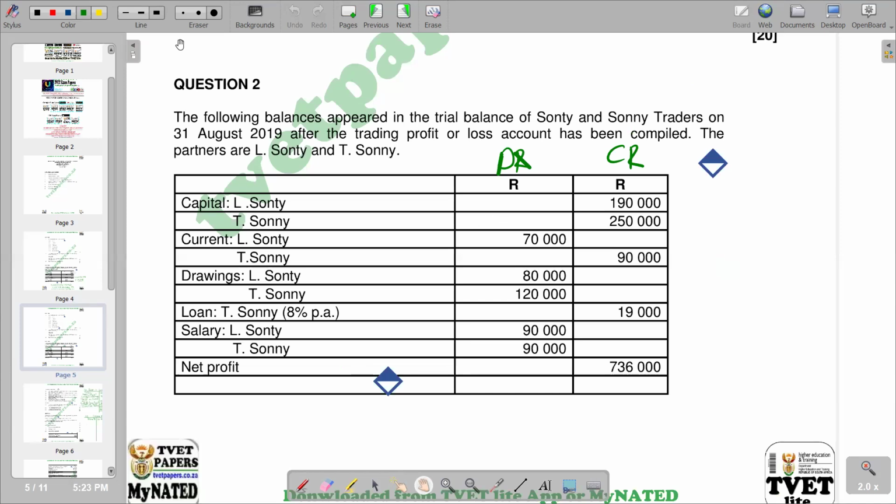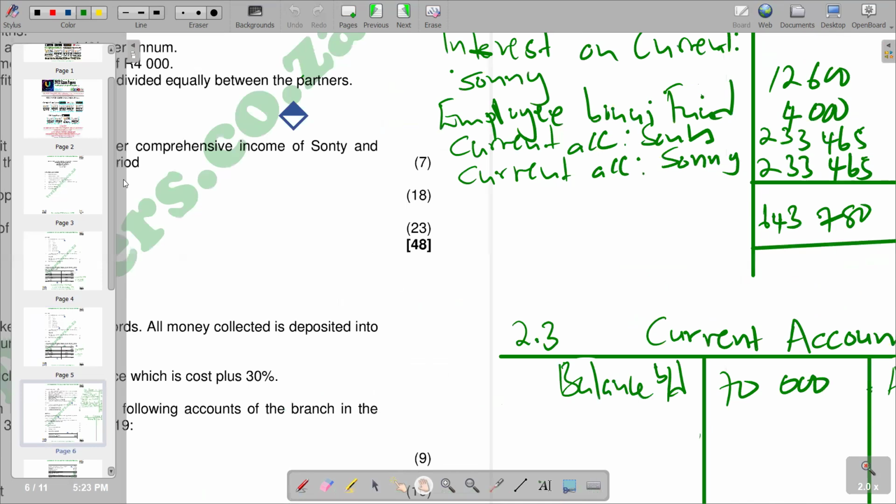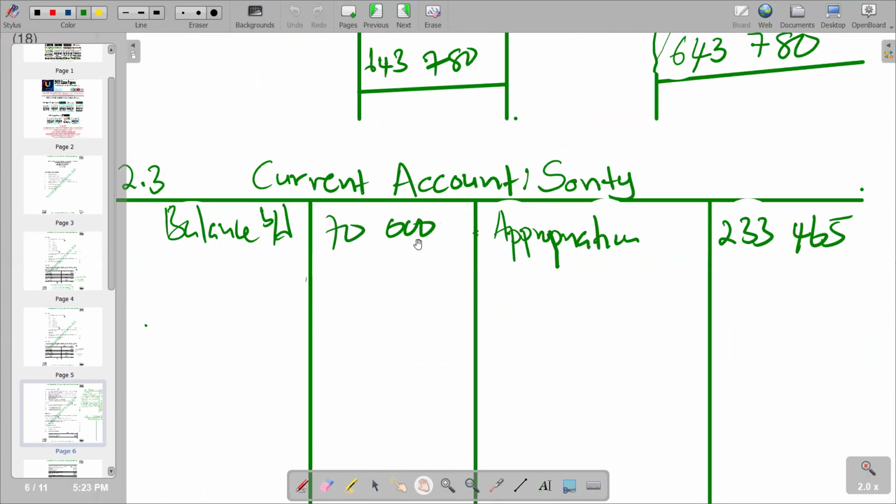So basically, we are saying 10 over 100 multiplied by 190,000. And obviously, the figure that we are going to get is 19,000. So we go there and put our 19,000 on the credit side as interest on capital.